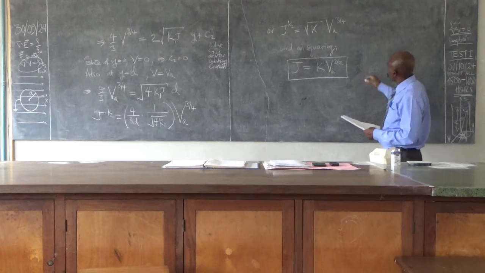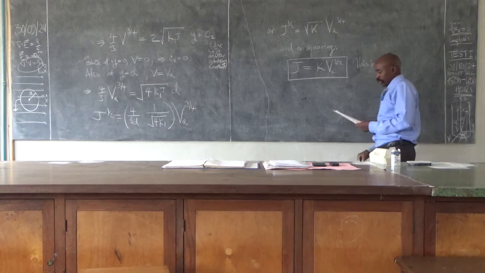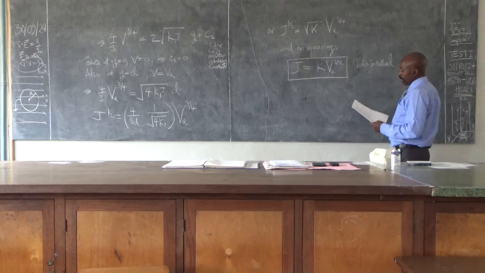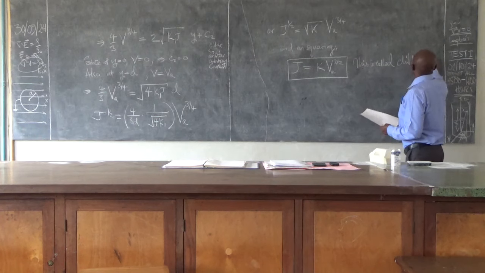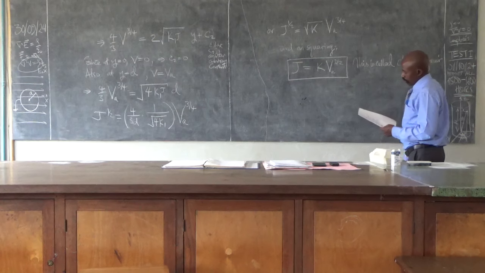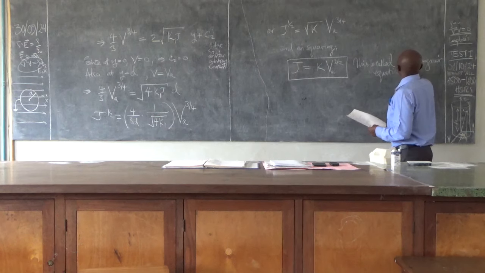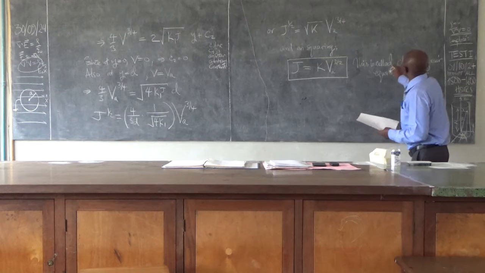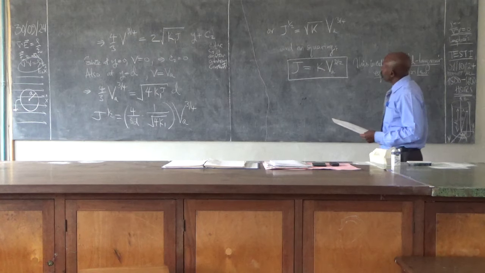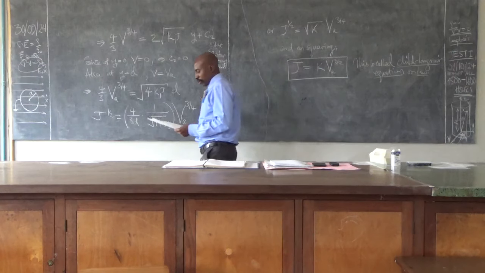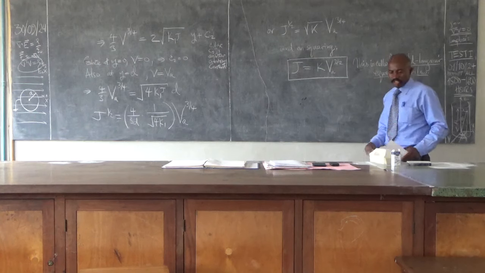And this is called the Child-Langmuir equation or law, where we say that the current density is proportional to the anode potential in this proportion.